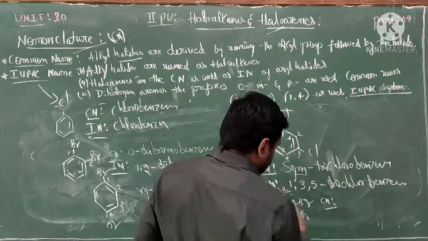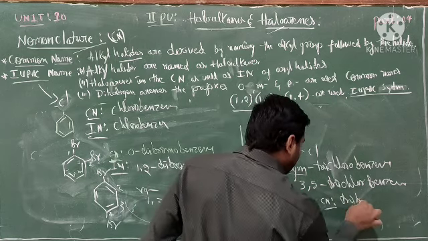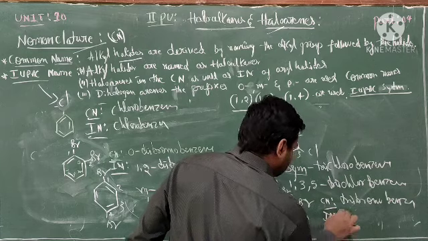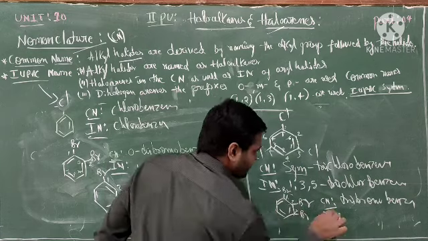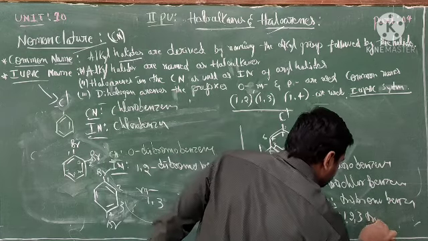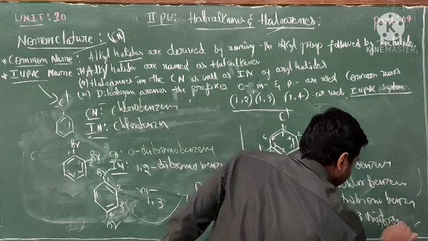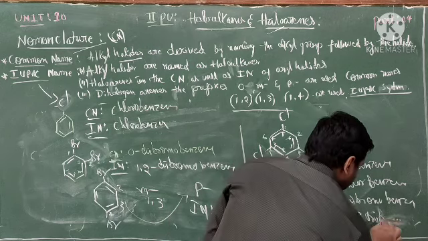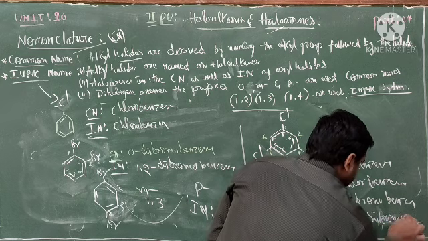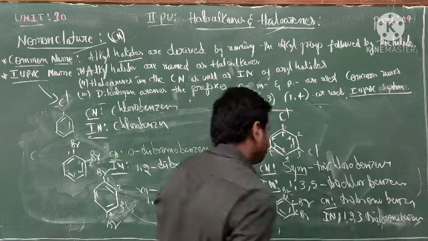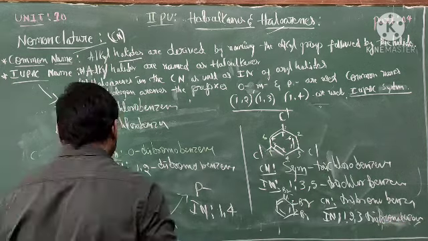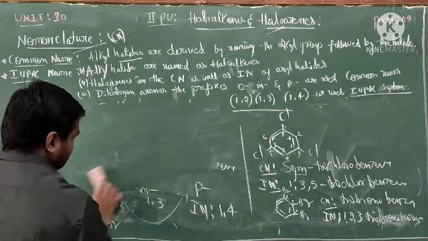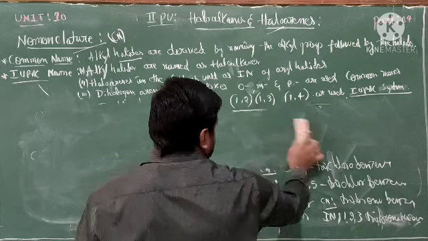The common name is tribromobenzene. The IUPAC name is 1,2,3-tribromobenzene. Clear? Aromatic types of structures. So next, going forward, some allyl and vinyl group examples.